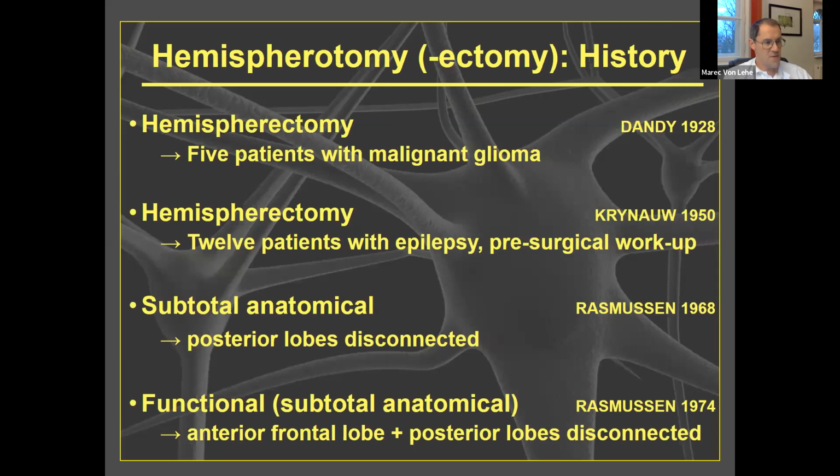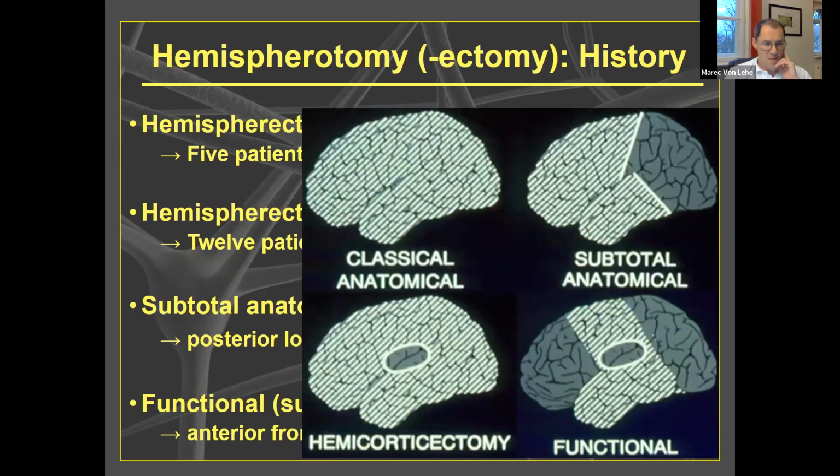So first subtotal anatomical, and then this approach, subtotal anatomical functional hemispherectomy, with large parts being disconnected and smaller parts being resected. Here we have a sketch of the procedure.